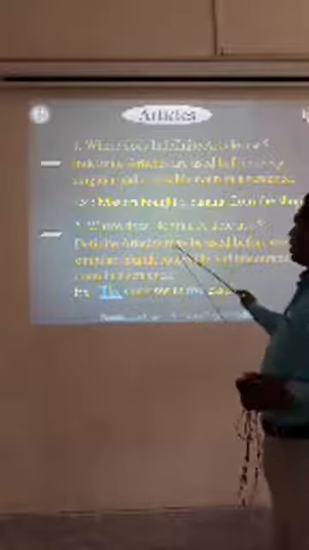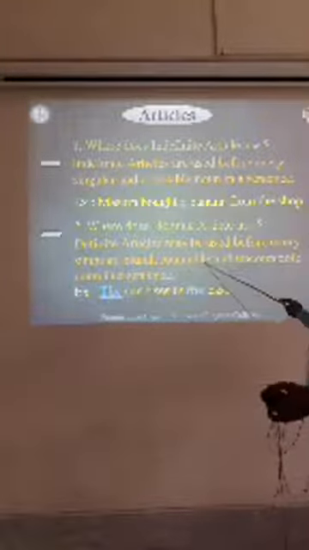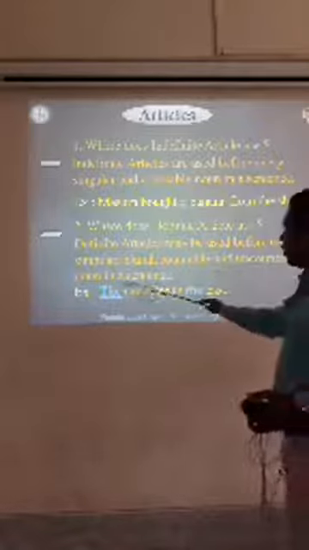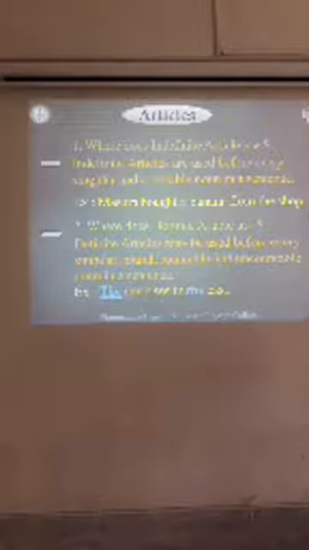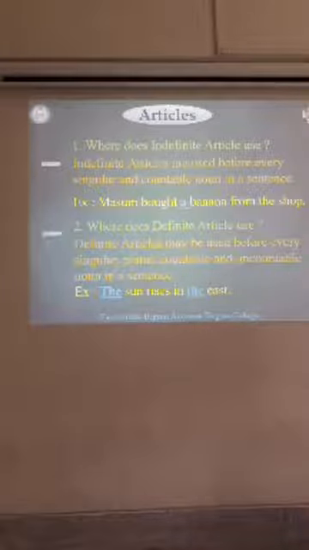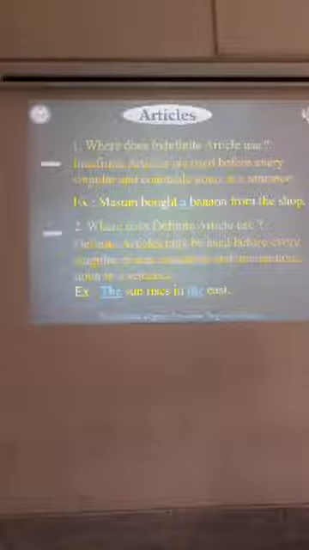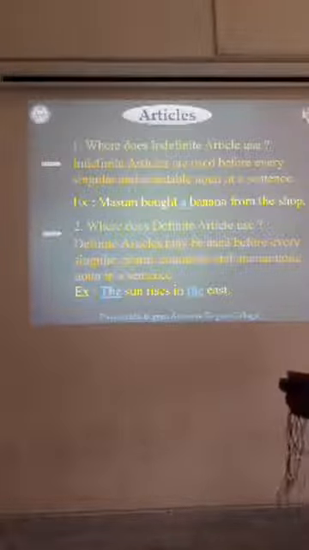Number 2, where does definite article use? Definite article may be used before every singular, plural, countable and uncountable noun in a sentence. That means definite article may be used or may not be used in a sentence. Sometimes it is used, sometimes it is not used.